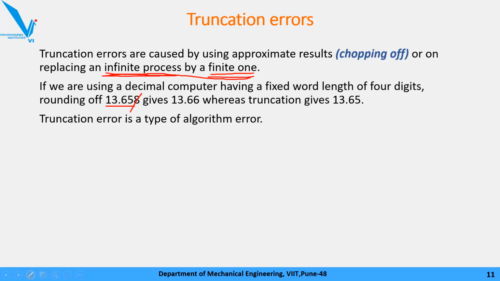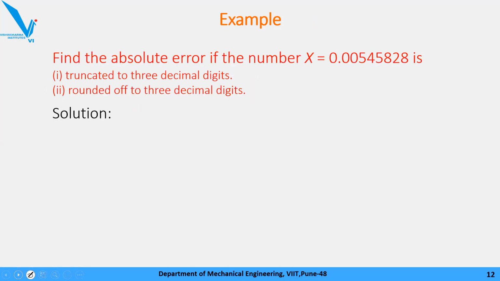Okay, so we'll move ahead with some examples. The first example is: find the absolute error if the number x is 0.00545828, truncated to 3 decimal digits and rounded off to 3 decimal digits. I'll elaborate on the problem statement.